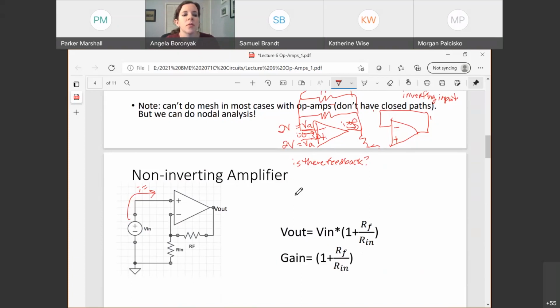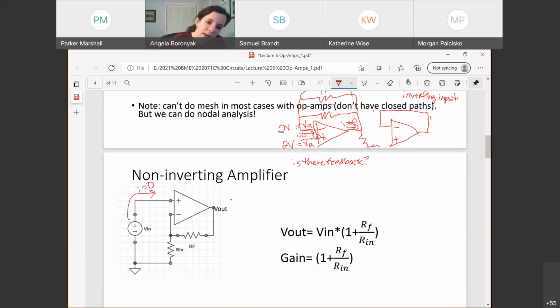Based on rule 1, what will be my current on this wire right here? Zero. Good. No current. And it didn't matter whether you draw it into or out of, that current is 0.